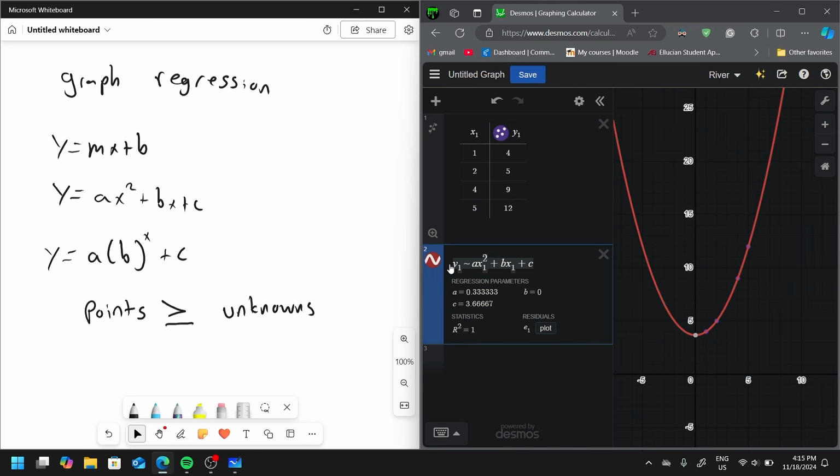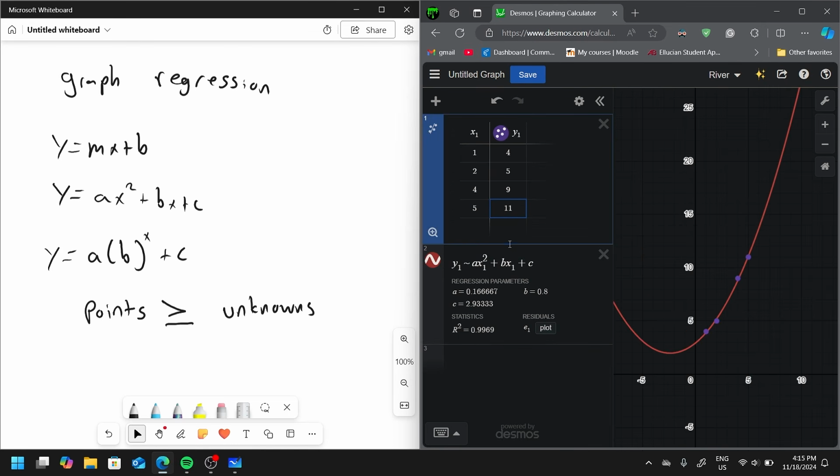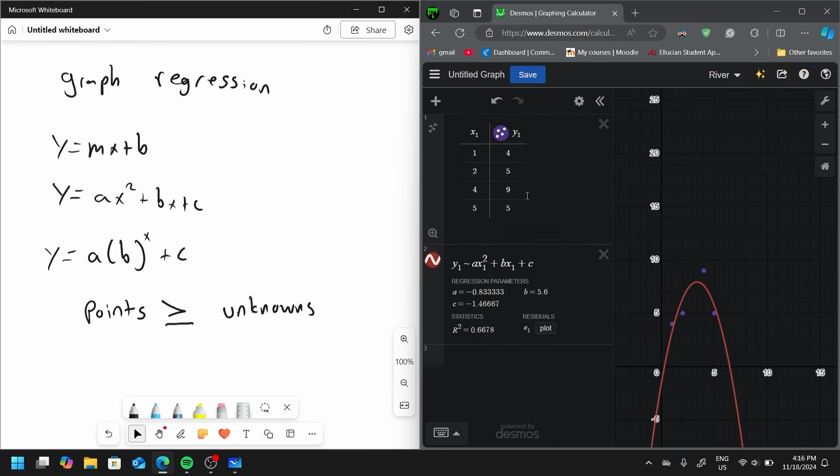So it does technically work in only making one parabola if we have more points than unknowns, but we have to have the perfect point. If we change this number even slightly off, you can see that our r squared value becomes less than 1. And if we go even lower, we don't have a parabola that perfectly fits it. So if you are going to add more points than unknowns, make sure that r squared still stays 1 so that you know that all the points perfectly fit it.